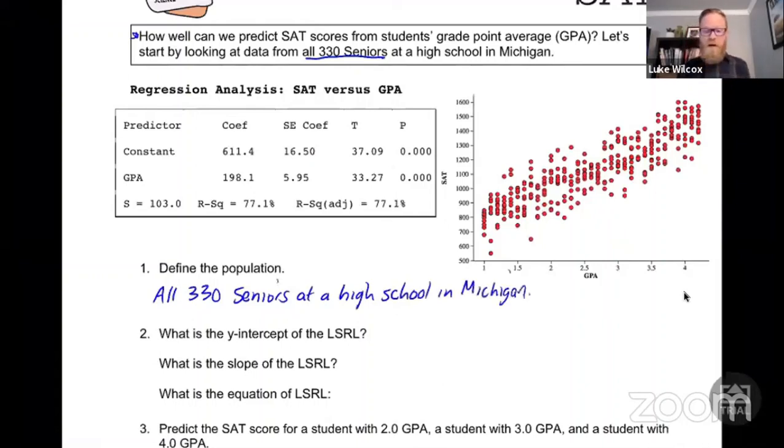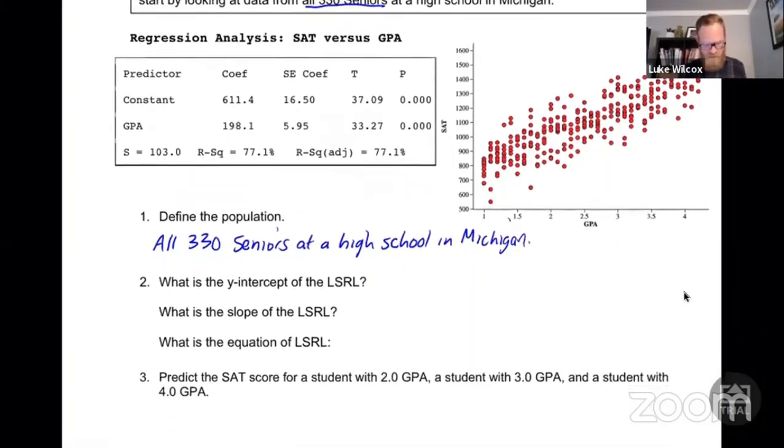We actually have data on every single person in the population, right? So later in the next part of the activity, we'll think about what happens if you only have a sample of the whole population. But for now, we do in fact have all of the data from the entire population here, all 330 seniors at this high school in Michigan.